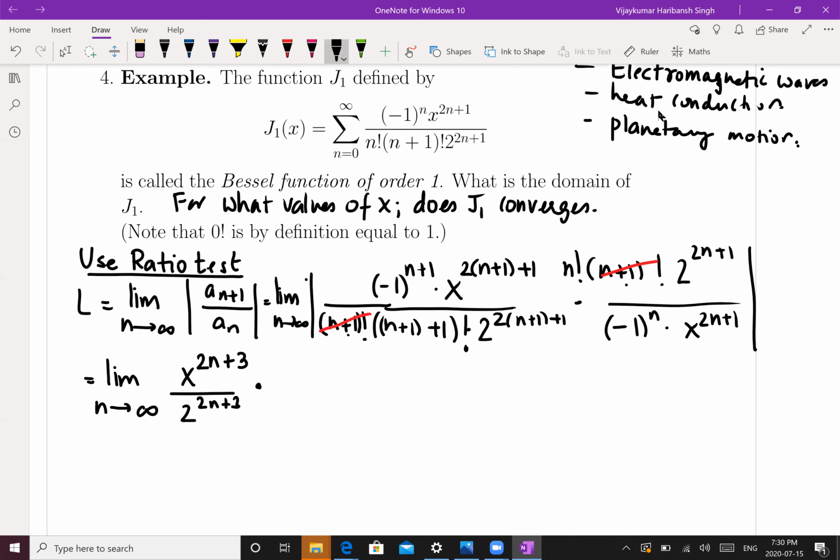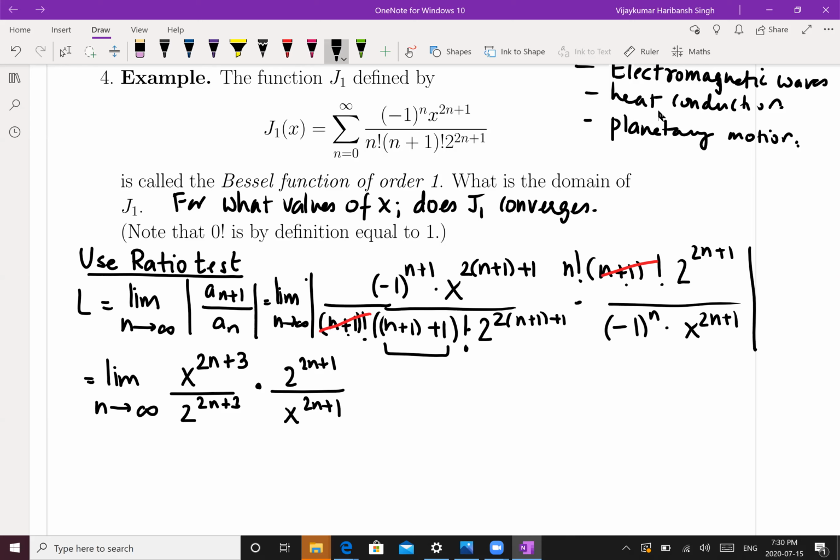Now what survives? We have in the denominator x to the power 2n plus 1. And on top, we have 2 to the power 2n plus 1. And then this extra part here, which was what? Which is going to be 2n plus 3 factorial.